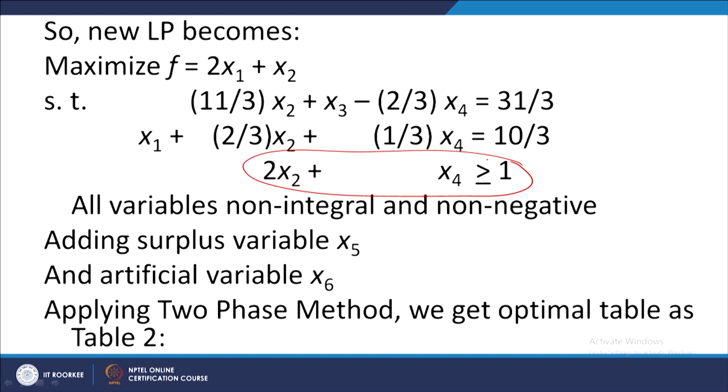All variables should be integers and non-negative. Adding the surplus variable x5 and then the artificial variable x6 and applying the two phase method, we can get the optimum solution. Alternatively, you can use sensitivity analysis, where you add an additional constraint so that you can get the new solution.